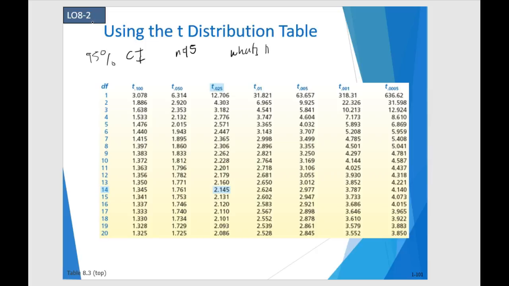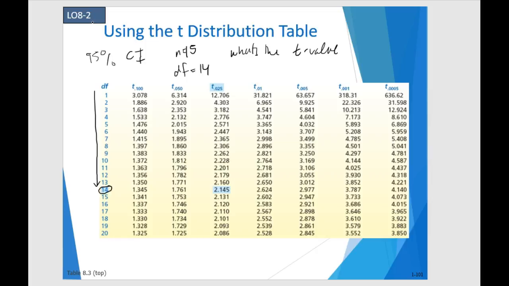What's the t-value that you would use? Well, we're looking up degrees of freedom. We have n equals 15, so the degrees of freedom is equal to 14. So we go all the way down here at 14. Lo and behold, it's highlighted. It's almost like I did that on purpose.